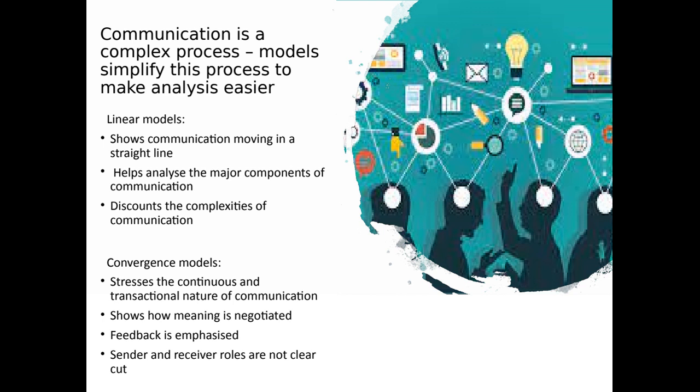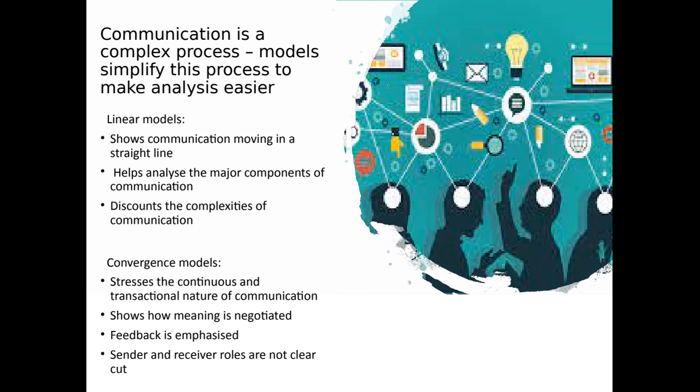And in convergence models, emphasis is given to feedback. So we've spoken about the importance of feedback, and these communication models take feedback into account. And finally, the sender and receiver roles are not fixed. So they are not static.